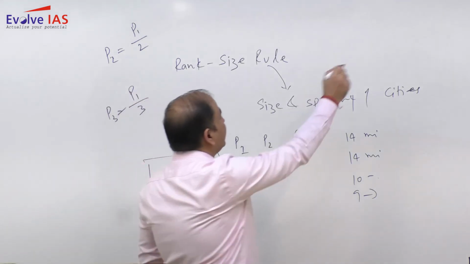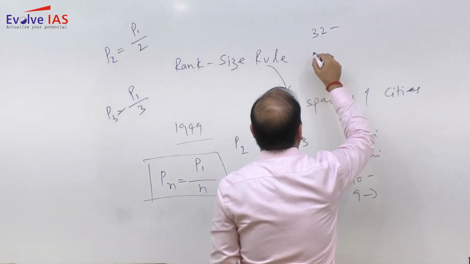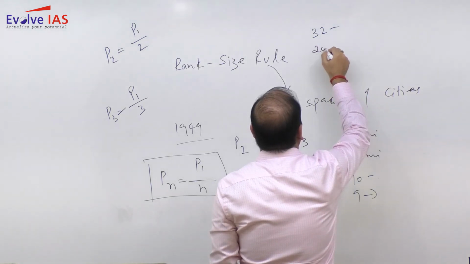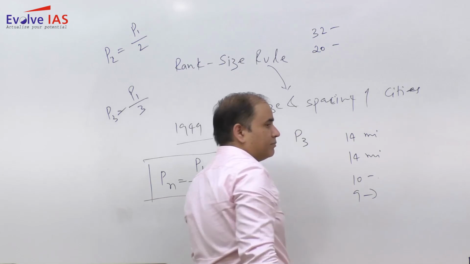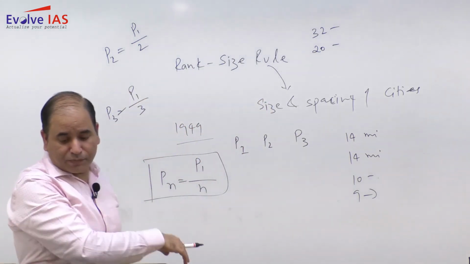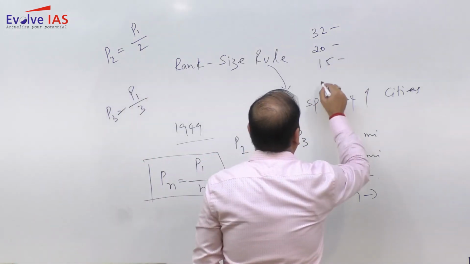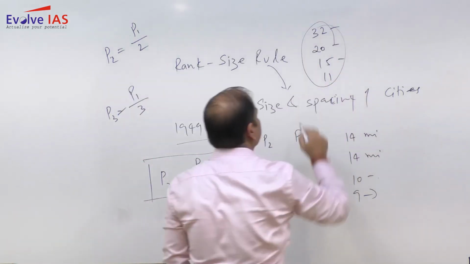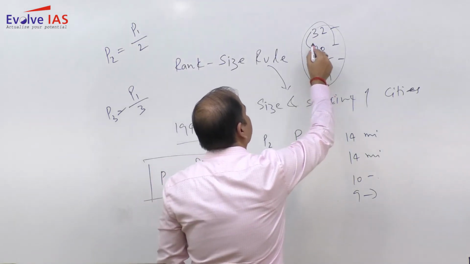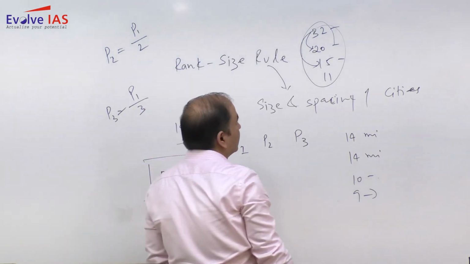Even in 2022, Delhi's population is 32 million, as a rough estimate, Mumbai's is around 20 million, Kolkata's roughly 15 million, and Chennai's 11 million. So even here, the second city is not half of the first city, and the third city is not 1/3 of the topmost city.